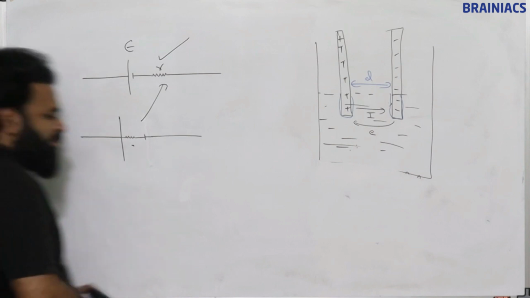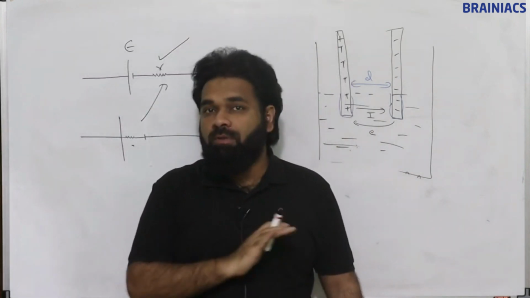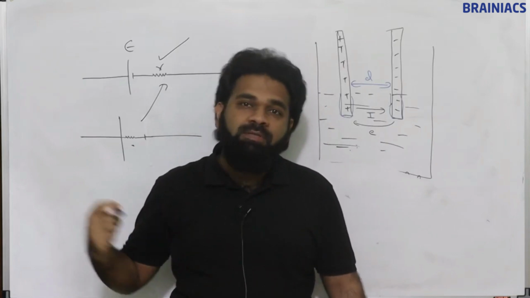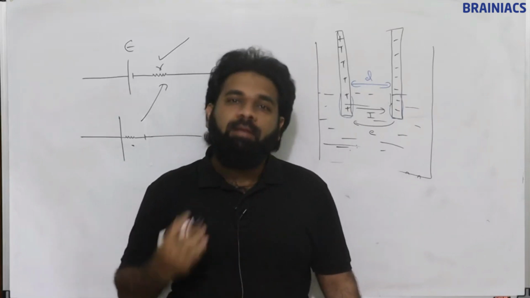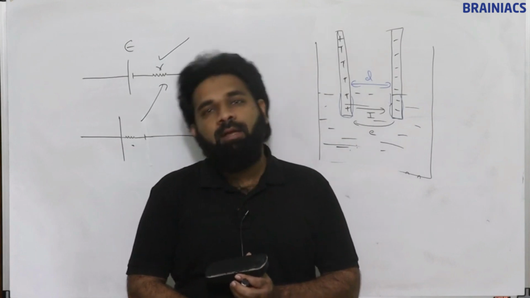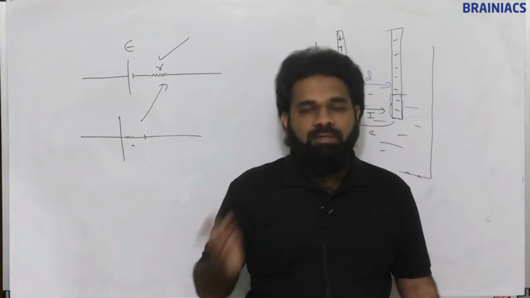Clear? So EMF, electromotive force, is not a force. Previously they thought that this force makes the current move. Later they came to know that it is the work done by the cell to move the charges across the circuit.